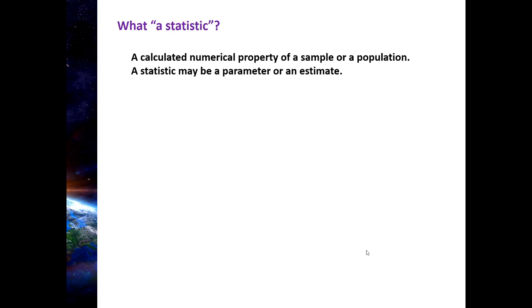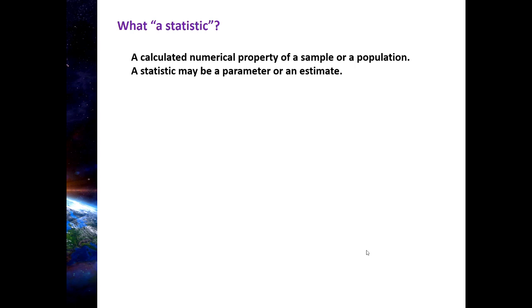It's based on numbers. Just saying you're friendly, inquisitive, etc., those are not numbers. I can convert them if I develop a friendliness test, a curiosity test. If I can get numbers, then I can calculate a property that describes you numerically, and that's a statistic.